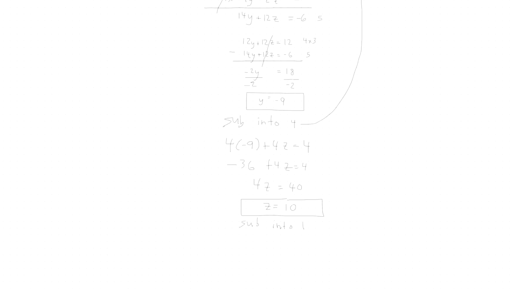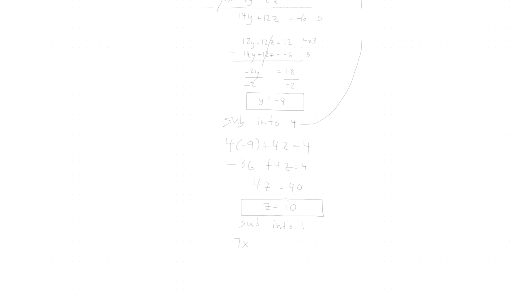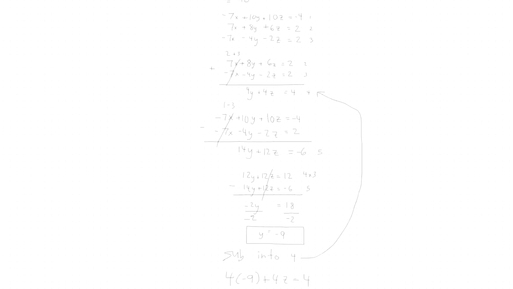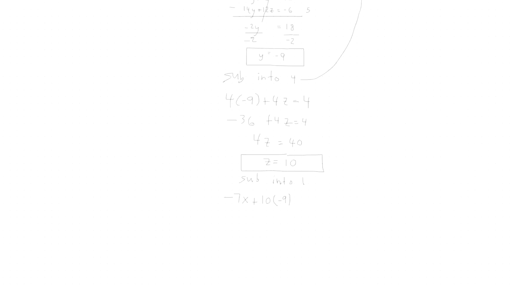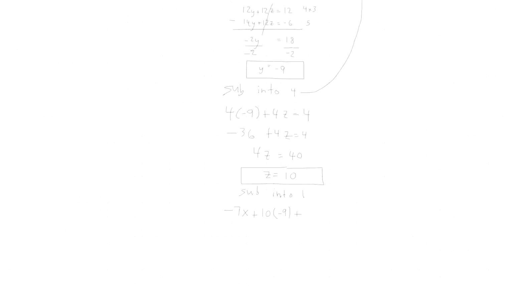So -7x plus 10 times -9 plus 10 times 10 equals -4.